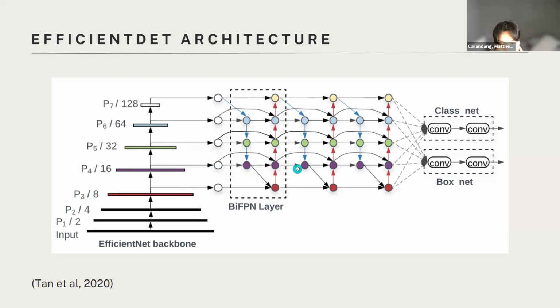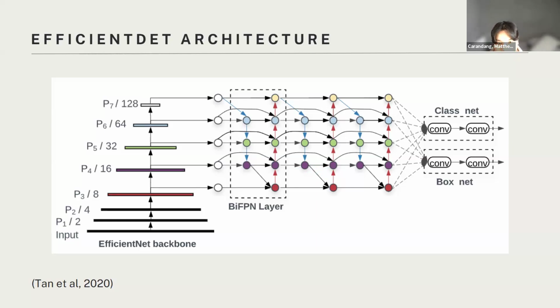But the main contribution of EfficientDet is the BiFPN layer, which is the middle, or the neck. It is an advanced neck called the bidirectional feature pyramid network, or just BiFPN. Looking at the arrows, it doesn't just combine features in one direction. It has arrows going both up and down.